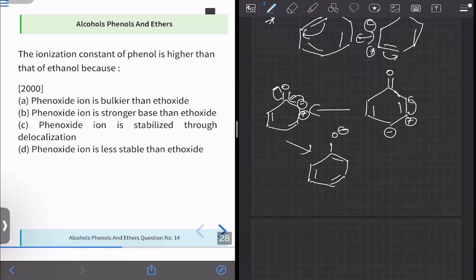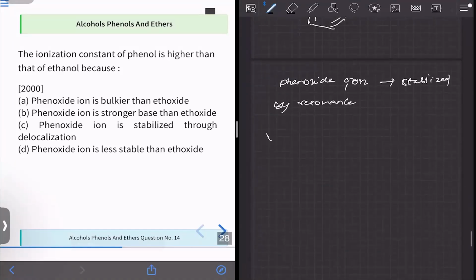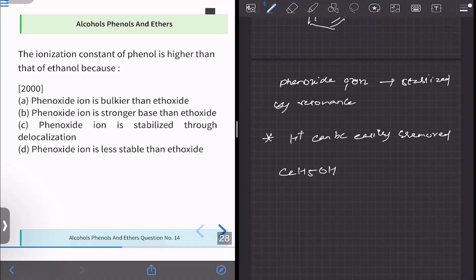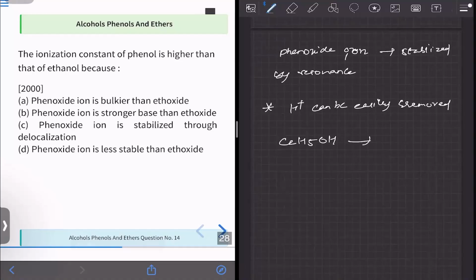So this phenoxide ion is stabilized by resonance. So H plus can be easily removed. For example, in case of ethanol, C2H5OH, after removing proton, it only contains ethoxide ion.